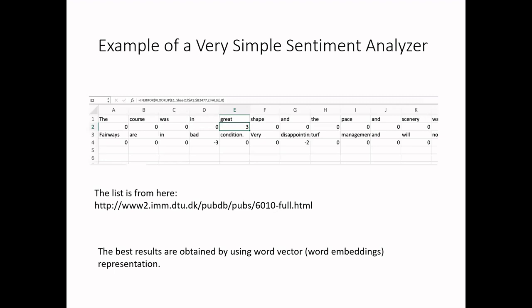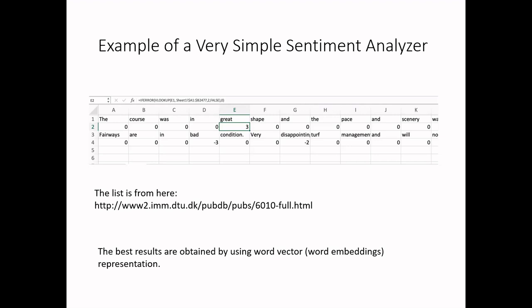So here is an example of a very simple sentiment analyzer, which you can implement in Excel. You don't need anything else. Excel has a feature, text to columns. If you put your entire text in, let us say, one cell A1, and then issue the command text to columns, Excel will isolate each word and put them in different columns.